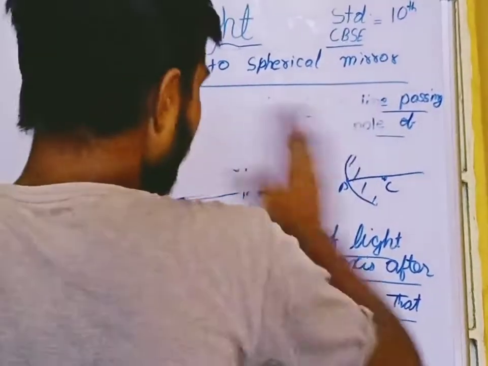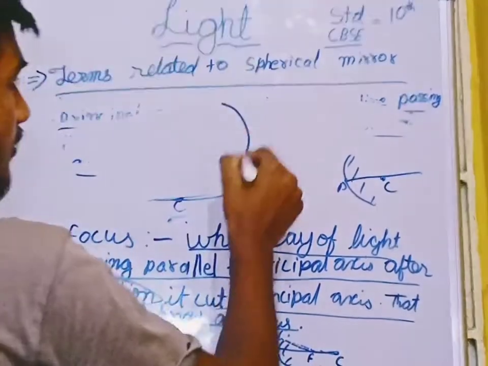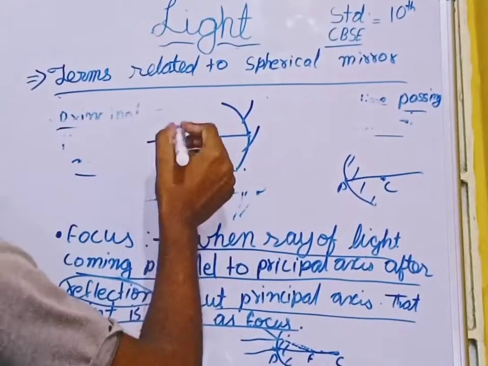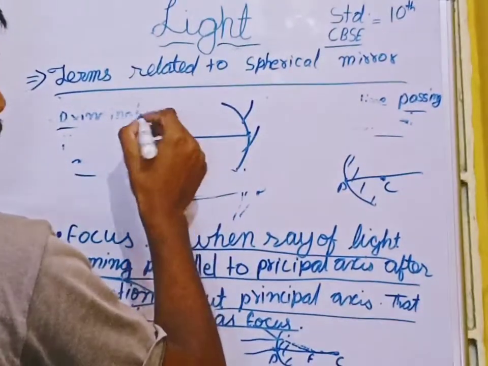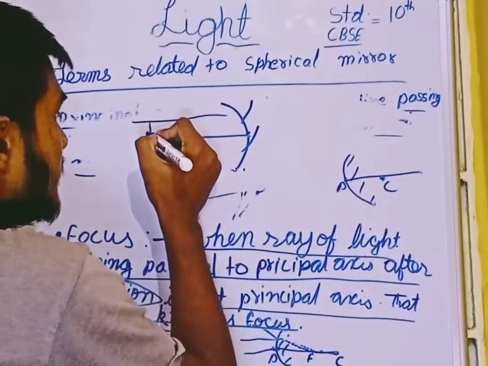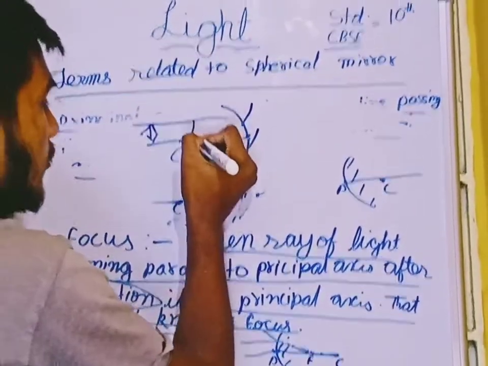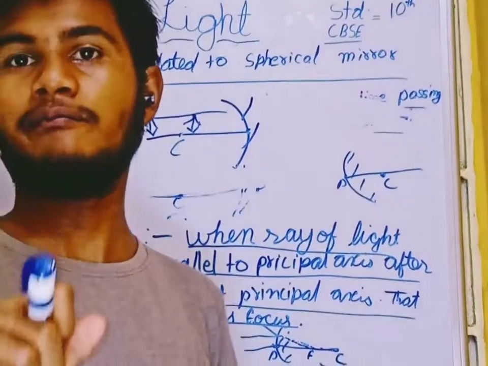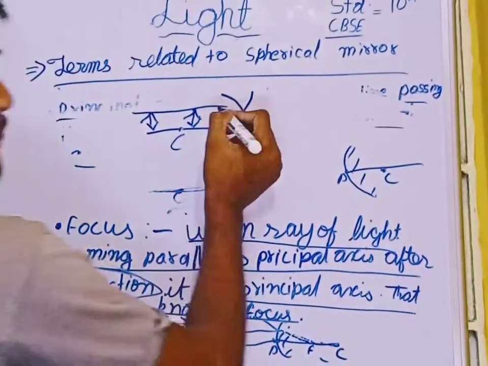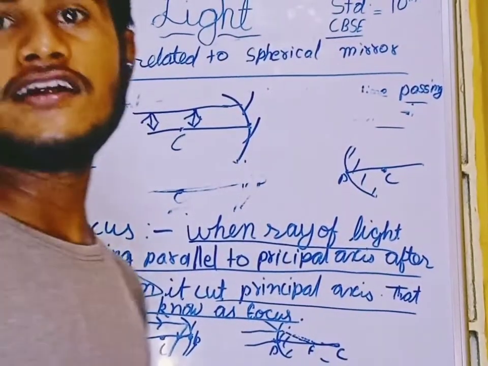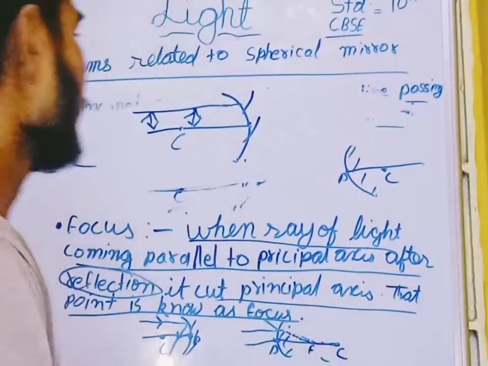When a ray of light is coming parallel to the principal axis, coming parallel. What does parallel mean? It means that the distance between them is always the same. After reflection, what is reflection? The bending of light is known as reflection of light.